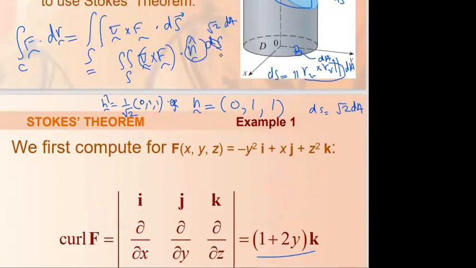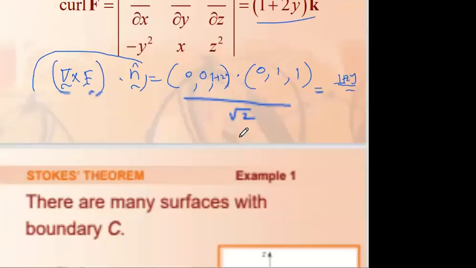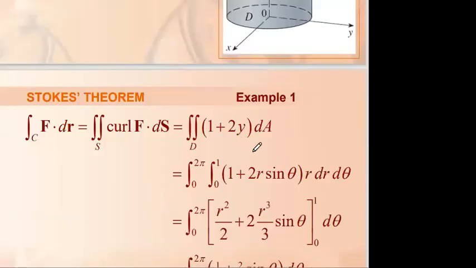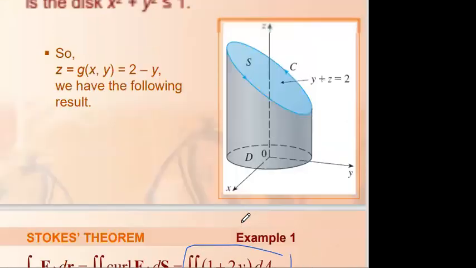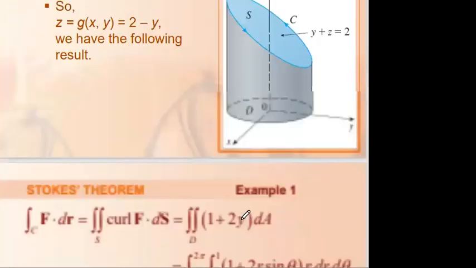Let's use this conversion and write ds in terms of square root 2 dA. Then this is the same as the double integral of 1 plus 2y, the square root 2 cancels, dA. So we get the same result here. Now you can write this in terms of polar coordinates and get the answer. A little bit of work.